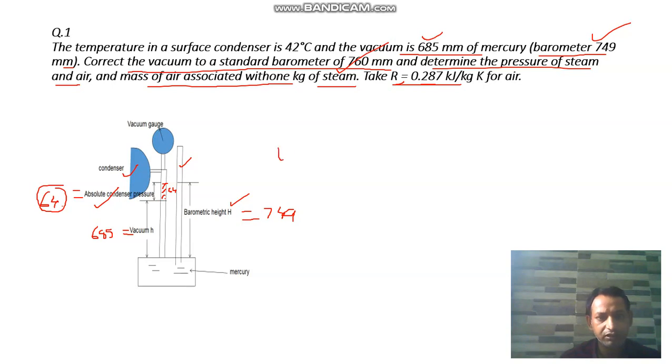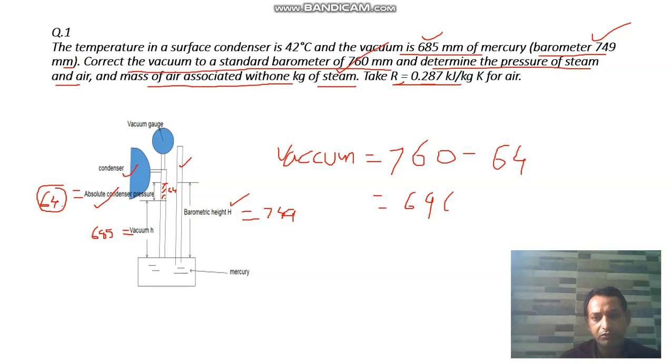So the corrected vacuum is equal to 760 minus the absolute pressure, so this comes out to be 696 mm of mercury column. This is the one part of the problem. So this was the corrected vacuum with respect to the 760 mm of mercury column.